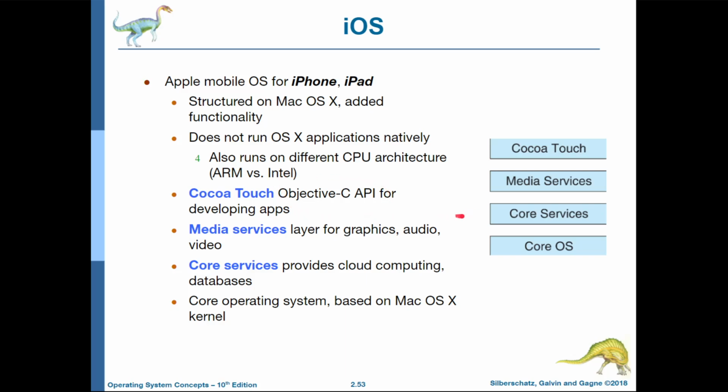There are various media services that are available in the iOS kernel. And then finally, we have some core services. These core services are things that apps normally use, such as cloud computing interface and database interfaces and such. And then finally, we have the core OS. All of this is part of iOS and part of the iPhone interface.